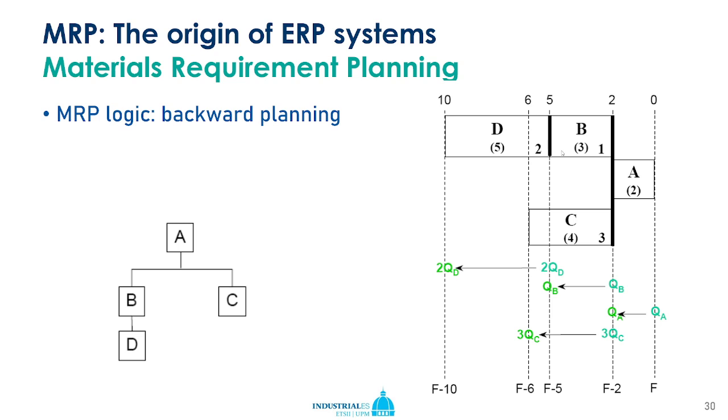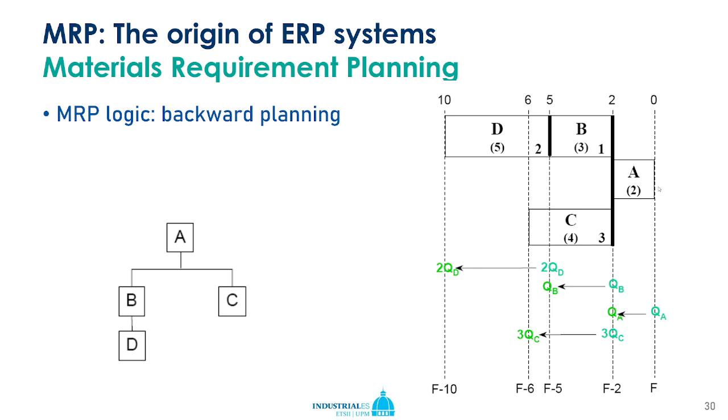So the point here is, if I want to have one product A available by date F, we need to backward plan so that we know when we need to start the production of the different subsystems or subcomponents.